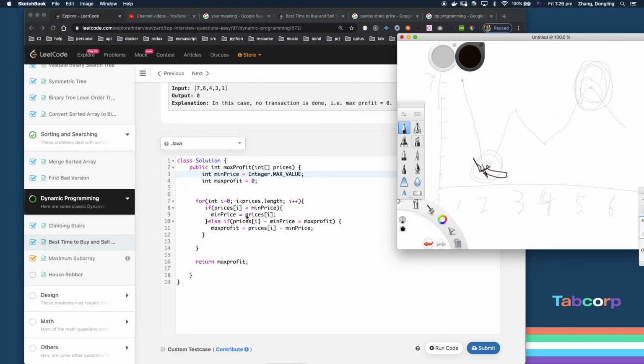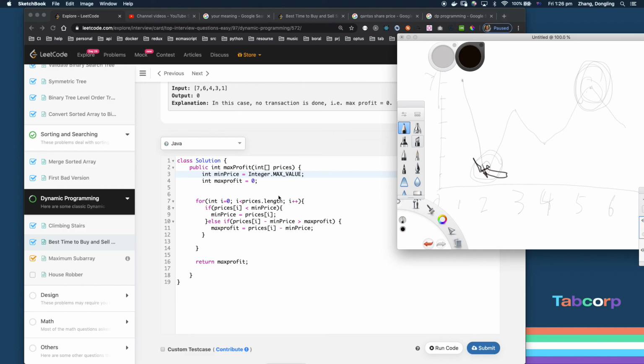The idea is exactly the same: you calculate this one, compare it with the previous result, and carry on the previous result. If you use DP, you carry on the min price to here, carry on the max profit to here and here, and then you return the last DP value.